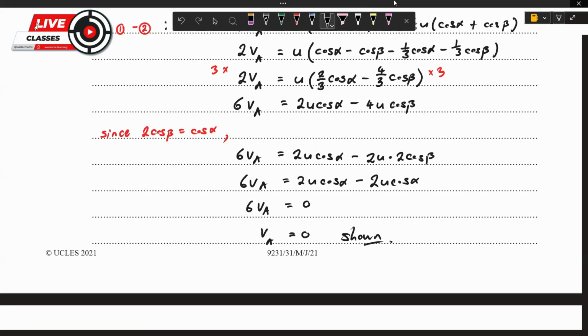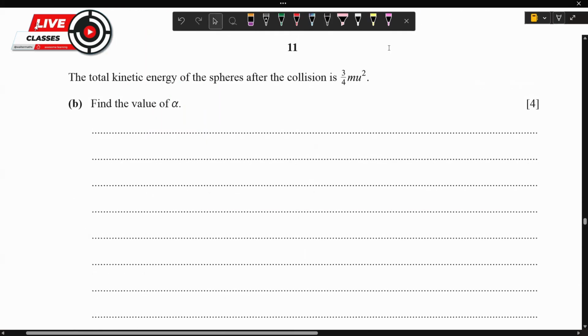Let's move on to the next question, part B. It says, the total kinetic energy of the spheres after the collision is 3/4 mu squared. Find the value of alpha. All right. So here we're talking about total final kinetic energy.